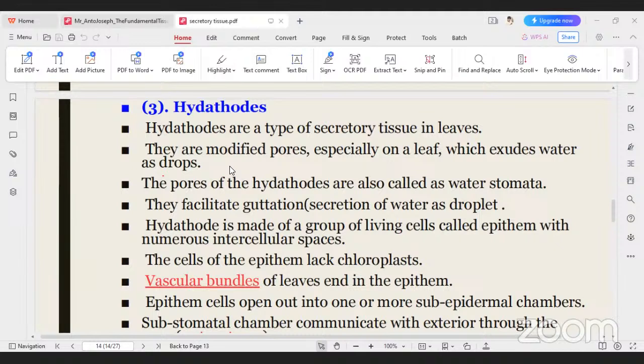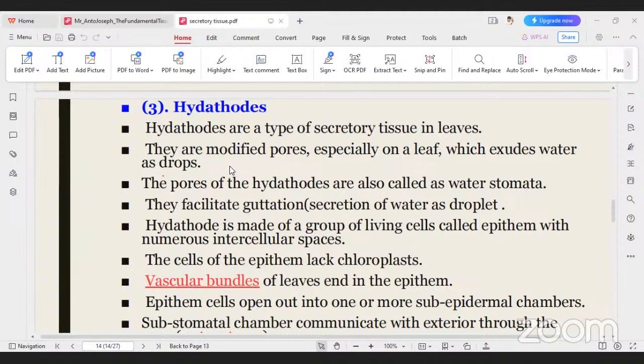Through stomata, in the form of vapor. That process is called transpiration. Water loss through the stomata in the vapor form is called transpiration.